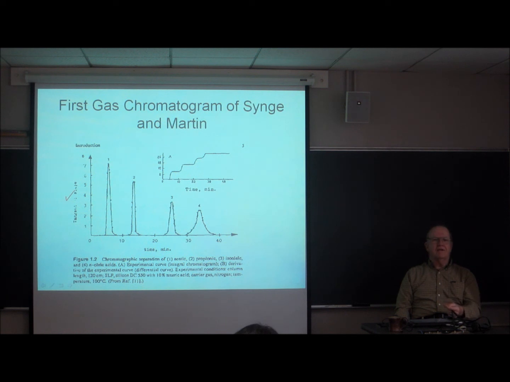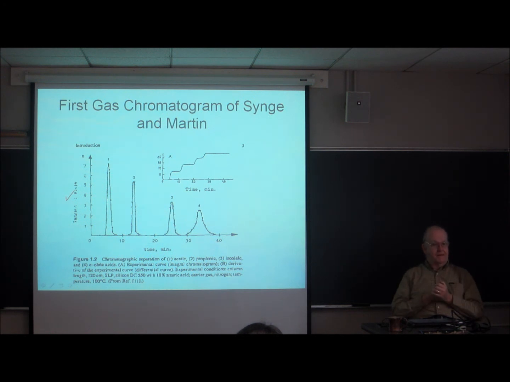They didn't have detectors that were worth anything at the beginning. The separation that they were doing here was a separation of the lower carboxylic acids. So it's acetic acid, propionic acid, so the stuff that's coming out the end of the column in the gas phase are acids.